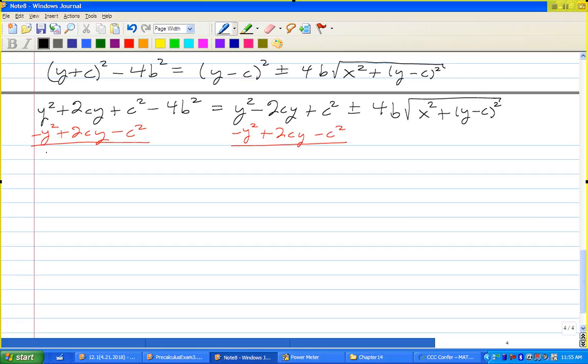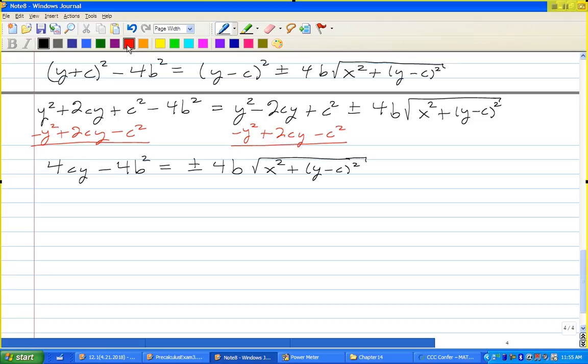So you get 4cy minus 4b squared is equal to plus or minus 4b rad (x squared plus (y minus c) squared).